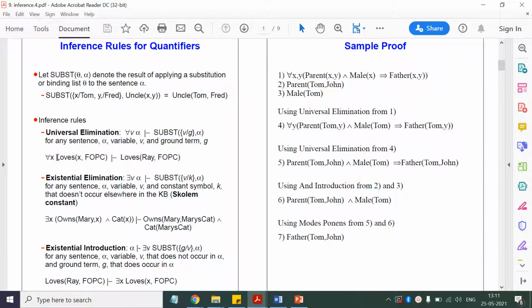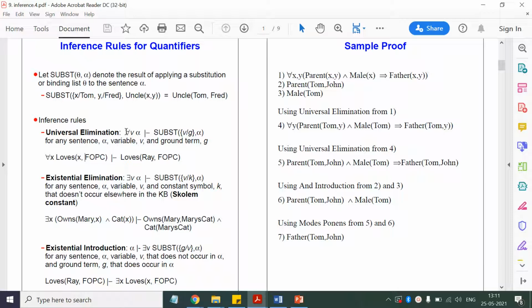Now if this is true for everybody, then it will be true for any one of the persons, right? So let's say Ray. What we have done here is replace x with Ray, as this is true for all. Ray also satisfies that, so we can say that Ray loves FOPC. So we have removed this universal quantifier.